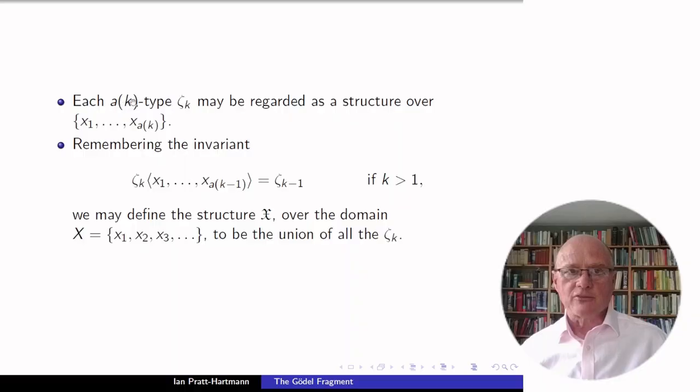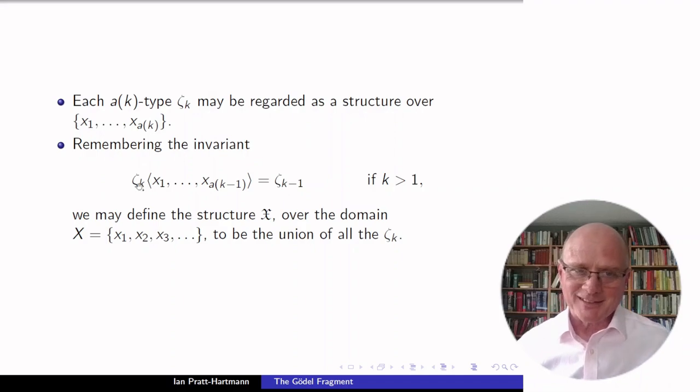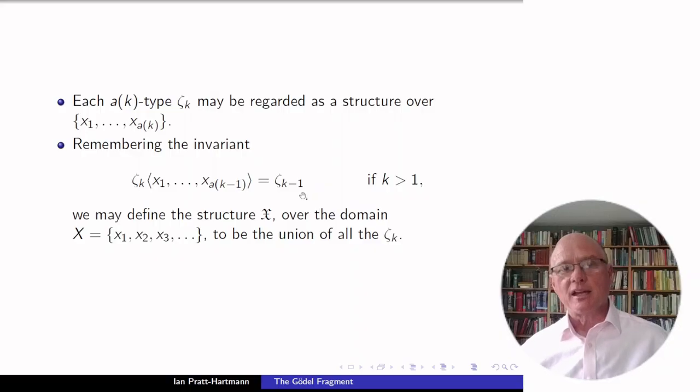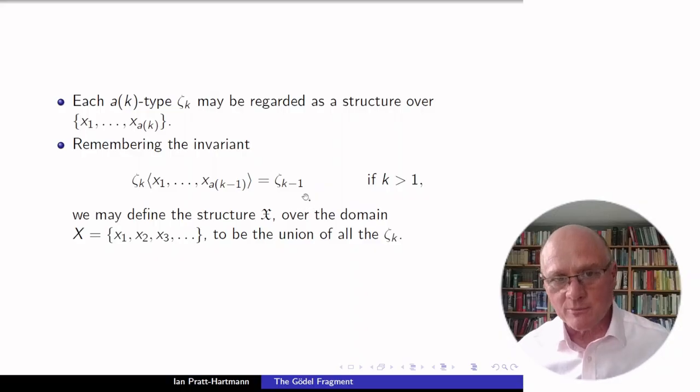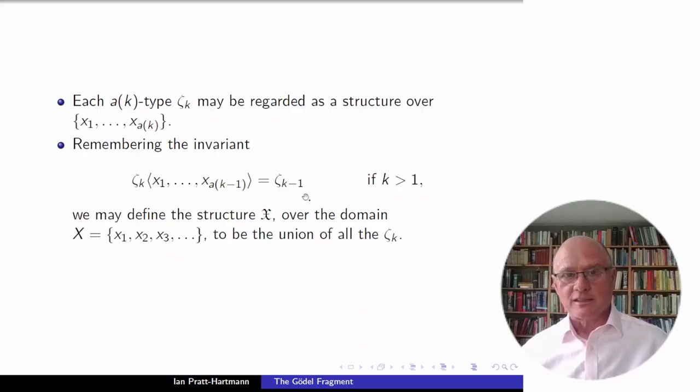Each type zeta k of arity a of k can be regarded as a little structure over the elements x1 up to x a of k. And remembering the invariant, which says that the kth type in our series is consistent with the k minus 1th type, in other words, it just extends it, what we can do is define in a natural way a limit, and that gives us a countably infinite structure.